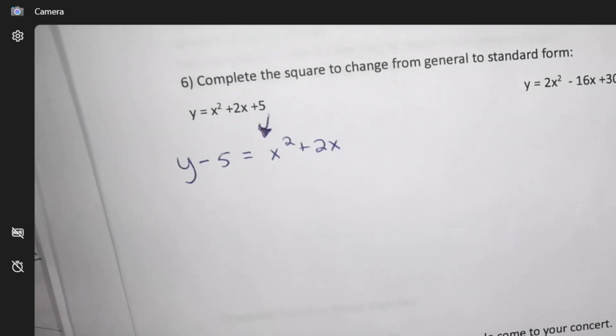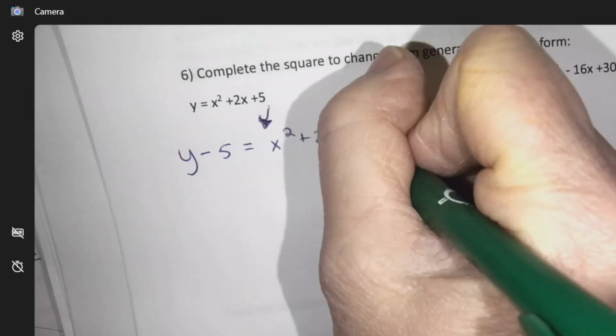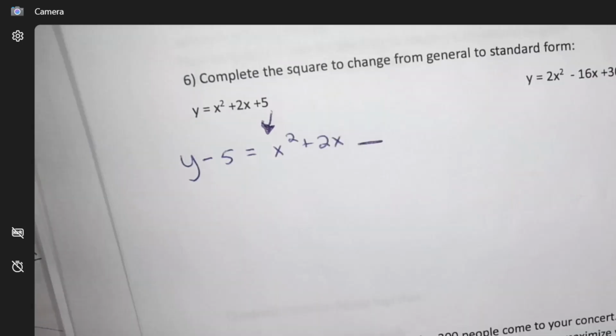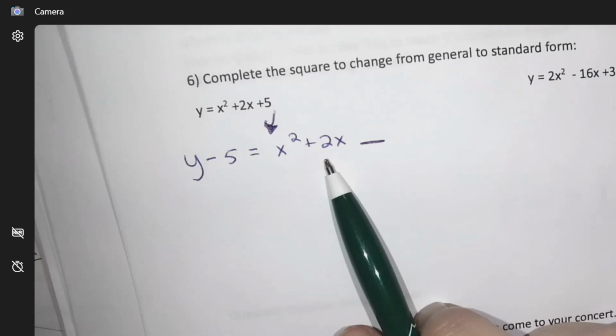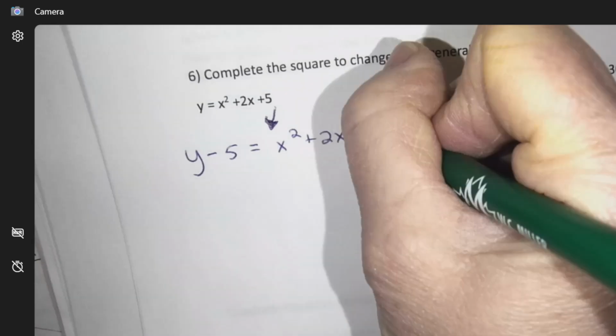Because you want to make your own trinomial. How do I create that perfect trinomial? Do you remember the two little details? Half squared. Remember that? Half squared. What's half of this? Divide by 2 is 1. And what's 1 squared? 1.